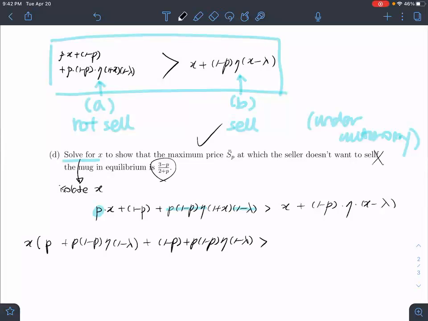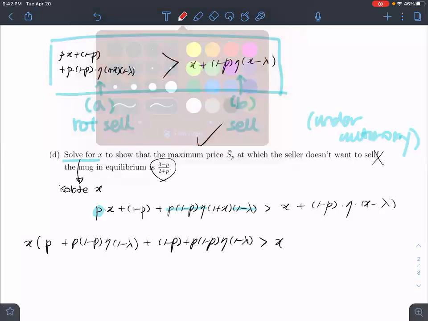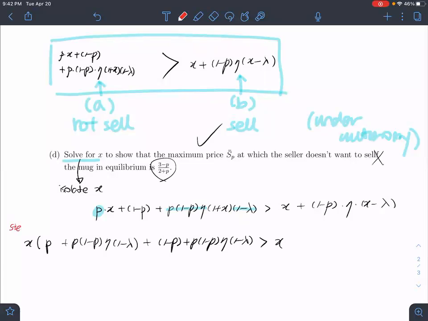Same as the left-hand side, let me collect x at the right-hand side. Let me write what I'm doing here. So this step: collect x in each left-hand side and right-hand side.